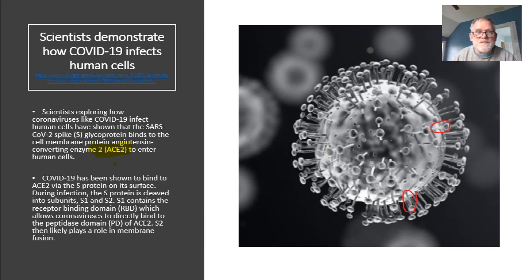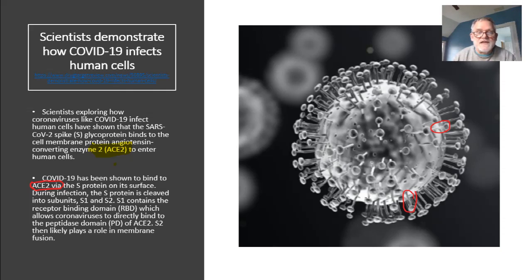So the human cell has this protein called ACE2 on the outer surface that COVID-19 uses to enter the cell, via the S protein on its surface.